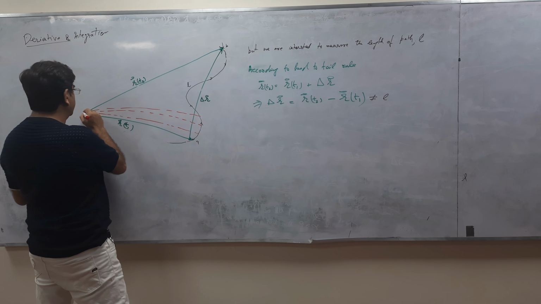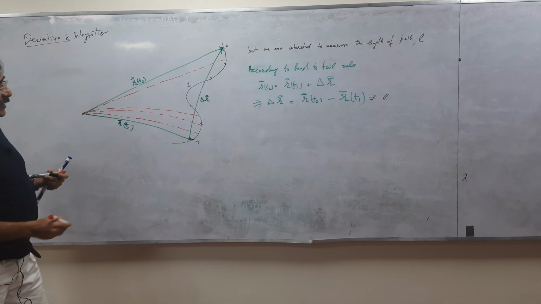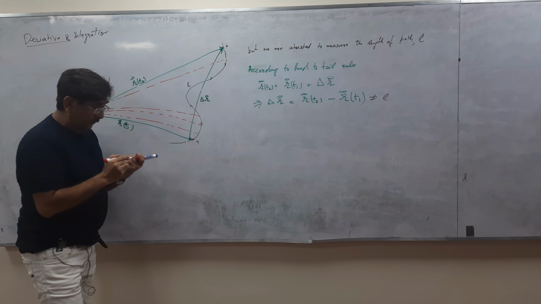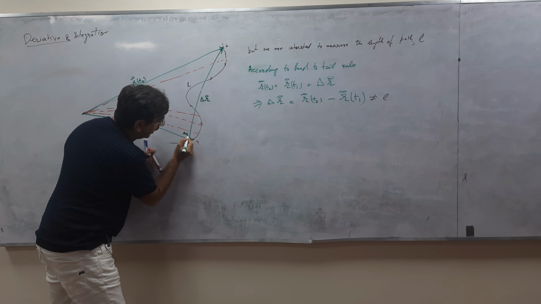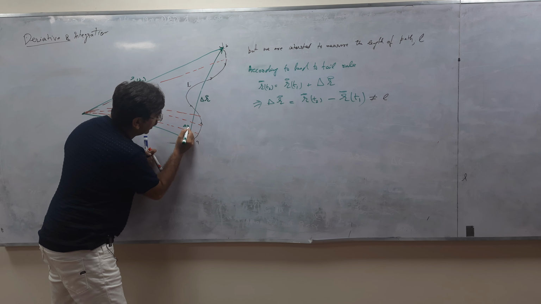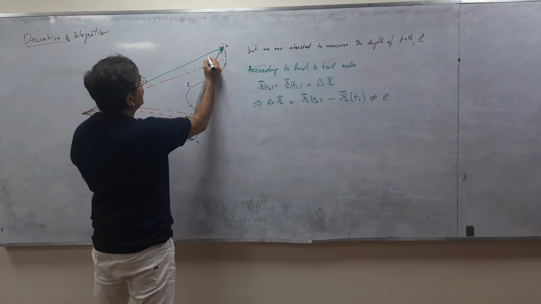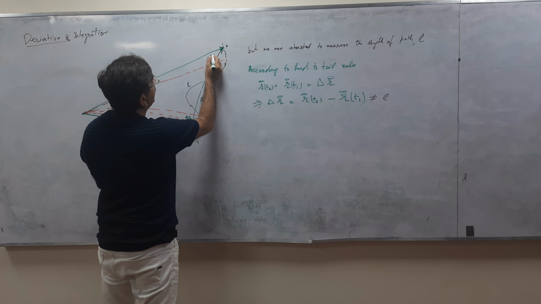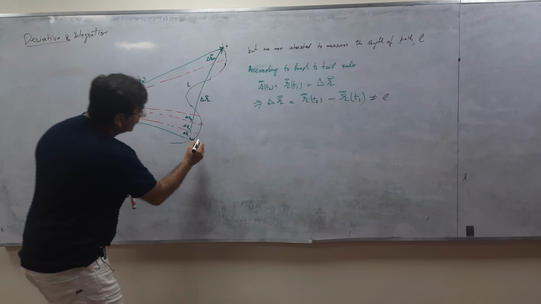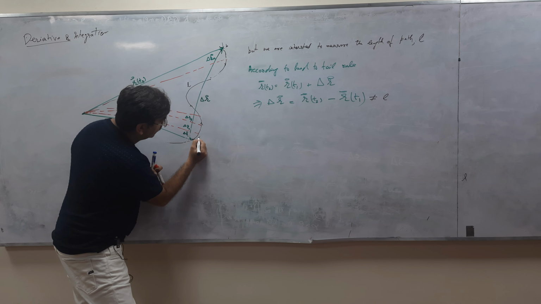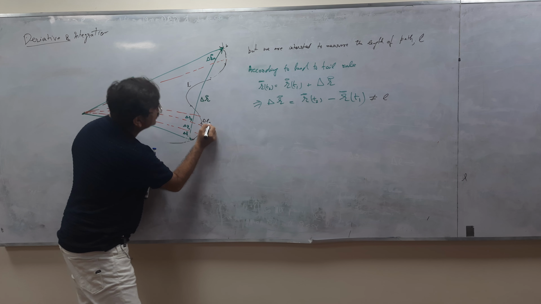For example, according to these patches, this will be delta R1, this will be delta R2, this will be delta R3, and this will be delta Rn. And the associated lengths will be delta L1, delta L2, delta L3, and delta Ln.